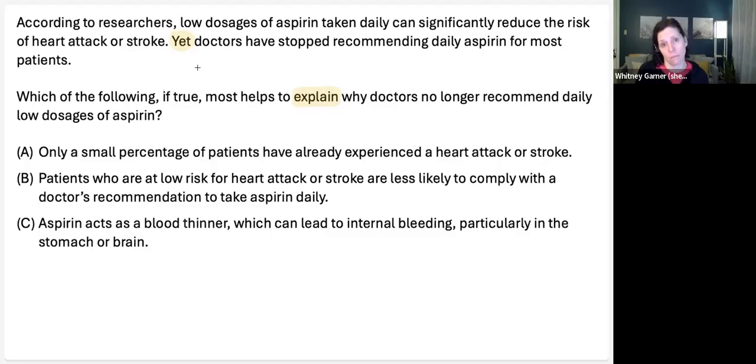They've stopped. My question is, why? That's what I want to be thinking about when I think "explain" is why, if aspirin has this health benefit, would doctors stop recommending it? And I might brainstorm, well, maybe it's dangerous in other ways, or maybe there's a better treatment, right? That doctors are recommending something else instead that's more effective. So that's what we're looking at here.